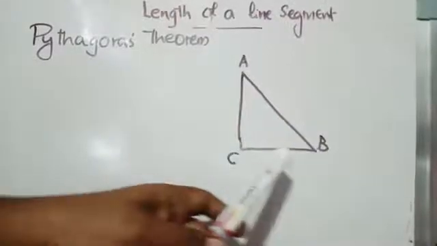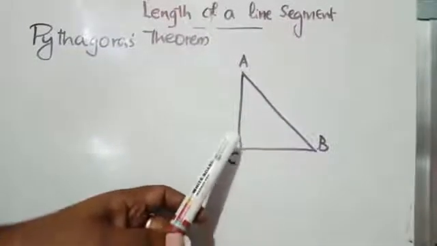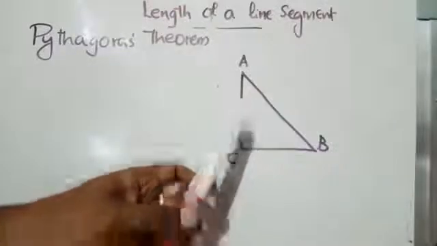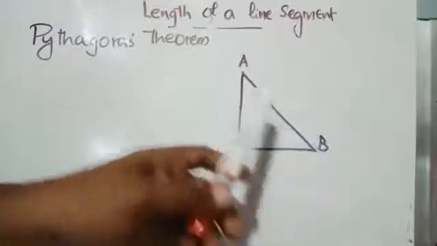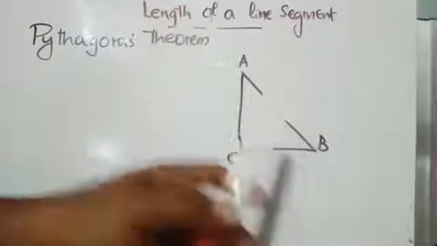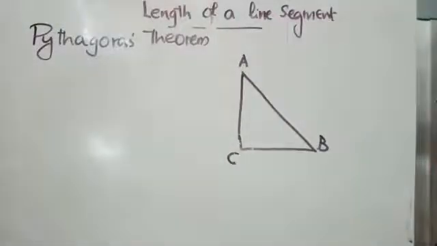AC and BC are the perpendicular sides because they make an angle of 90 degrees. And you can find AB is the longest side. Which is the longest side? AB. That is known as the hypotenuse. So AB is the hypotenuse and AC and CB are the perpendicular sides.